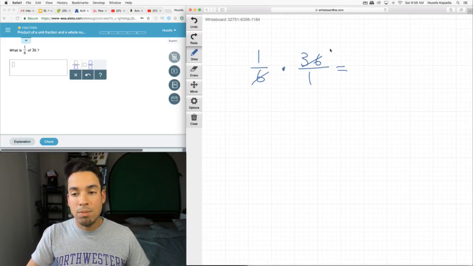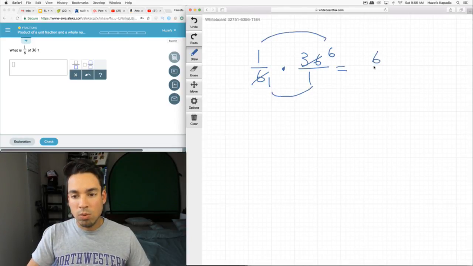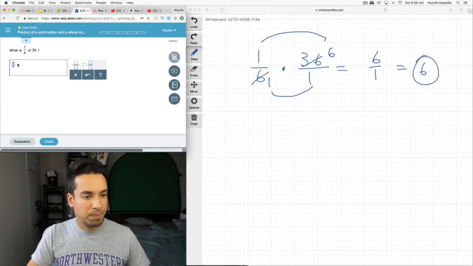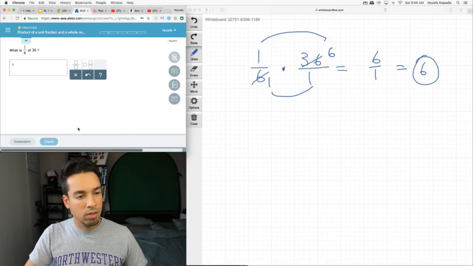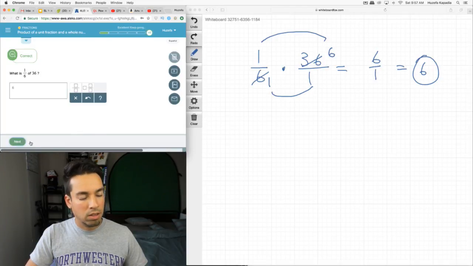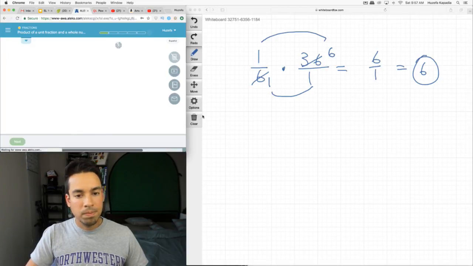So 36 divided by 6 is 6. 6 divided by 6 is 1. And now we multiply across with these new numbers. 1 times 6 equals 6. 1 times 1 equals 1, which is simply 6. And that is correct. Let's keep going.